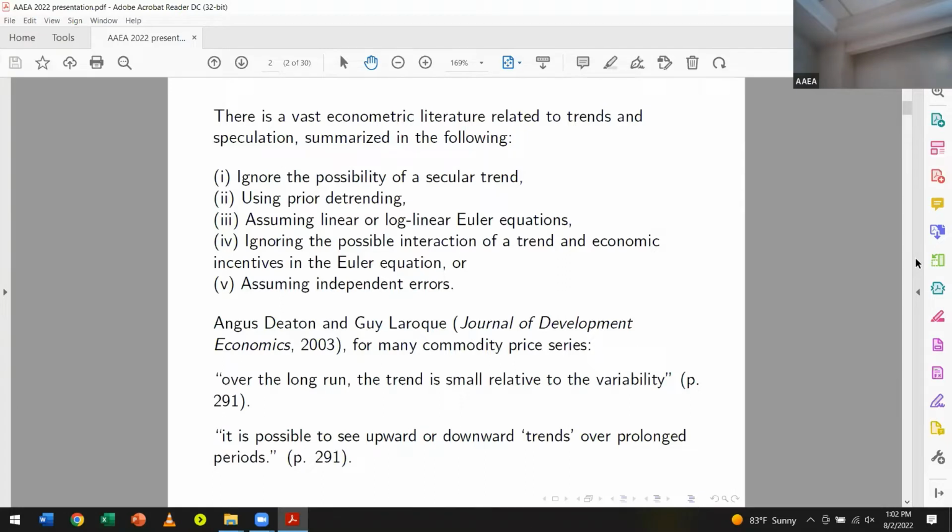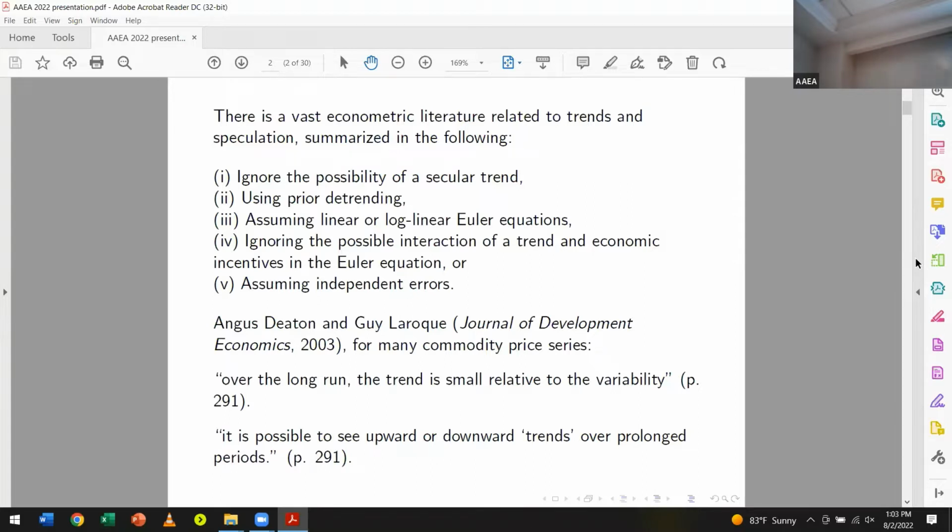People just estimate, they may estimate jointly the trend along with other behavioral parameters, and the trend is just treated as something exogenous, that has nothing to do with the interpretation of what are the parameters that you are really estimating. And then another approach is, in your regression, you may assume independent errors. Why? Because that's extremely convenient for the econometric theory, right?